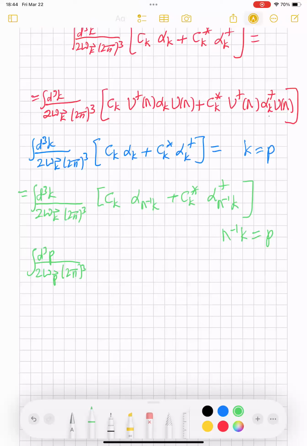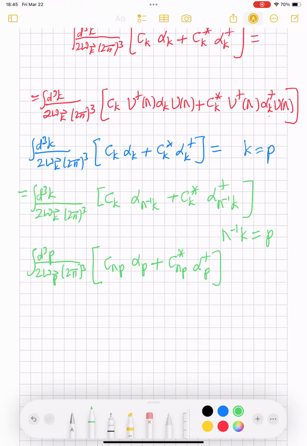That's because the measure is Lorentz invariant. Then ck will become c of lambda p, because k is lambda p. And then we've got alpha p plus c lambda p star, again because k is lambda p, and we've got alpha dagger on p.